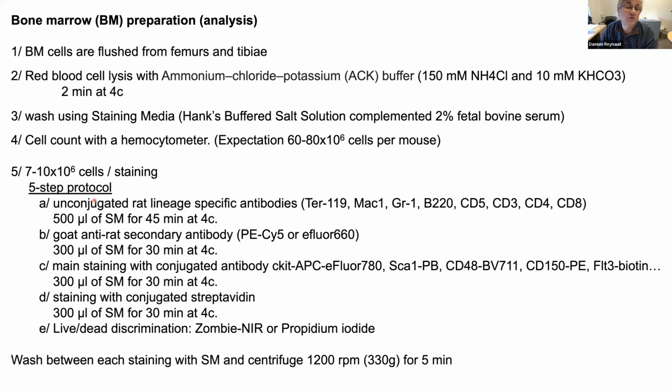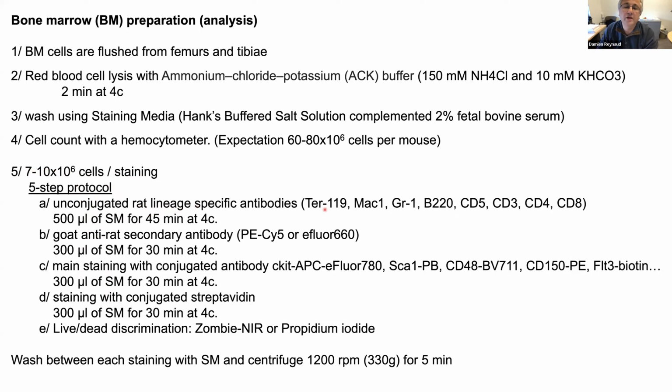So for the lineage, we use unconjugated rat antibody. It's something that can be adapted, and something that I particularly like because I think it's a nice separation.